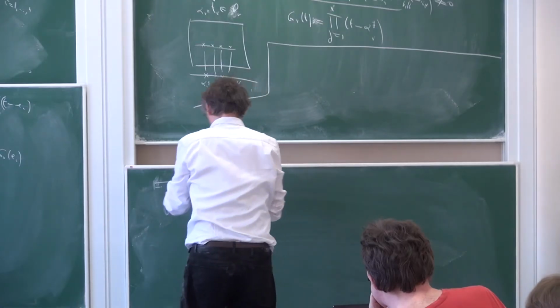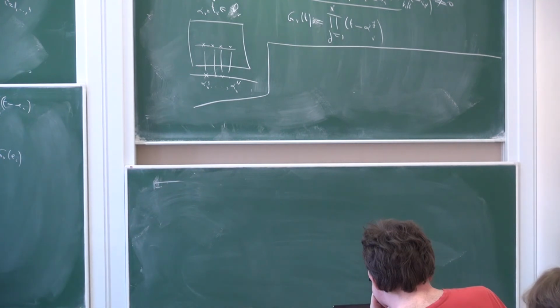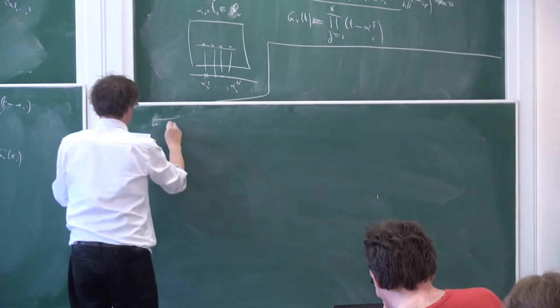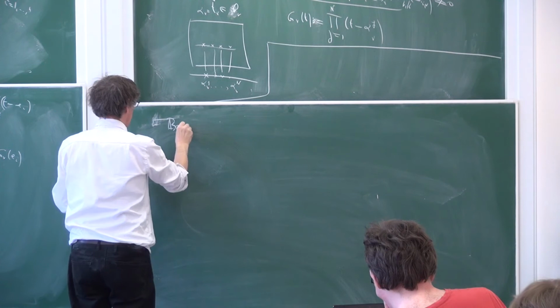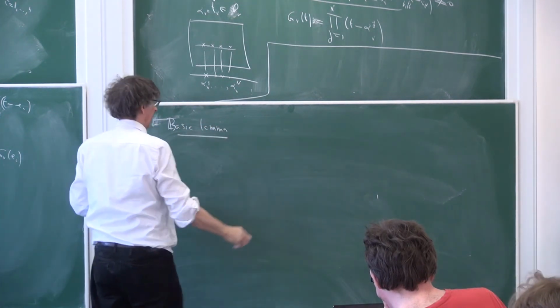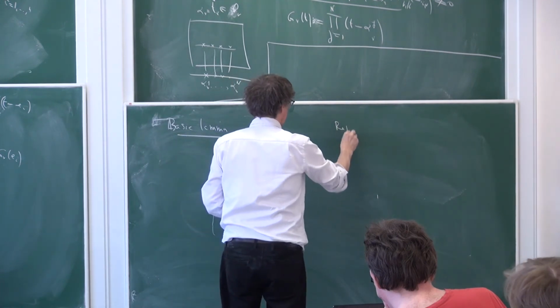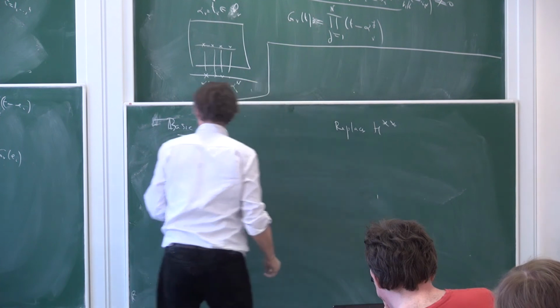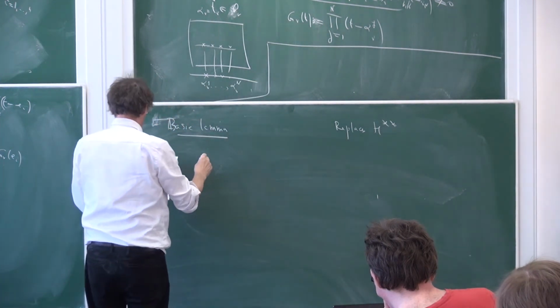Now there's one lemma to go back to, a basic lemma about number fields proven by Harari and Wittenberg, which replaces H star star in this context. It's in fact an easy lemma.